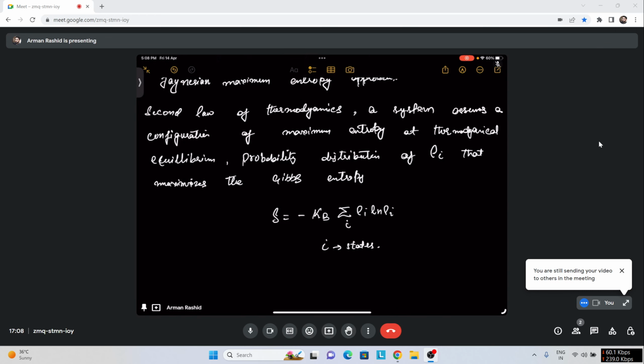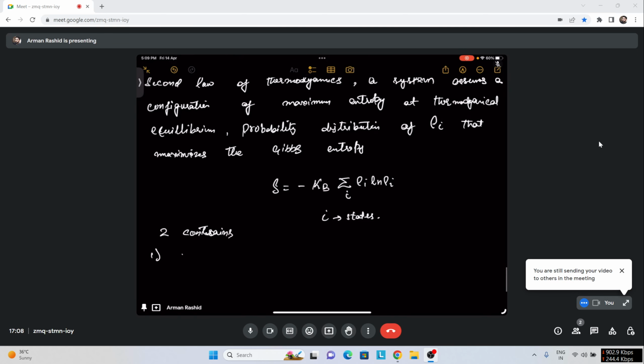Now there are two constraints corresponding to this entropy of a thermodynamic equilibrium system which has maximum entropy. The first constraint is that the sum of probabilities over all the states should be equal to 1.